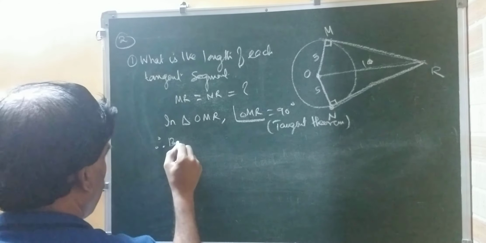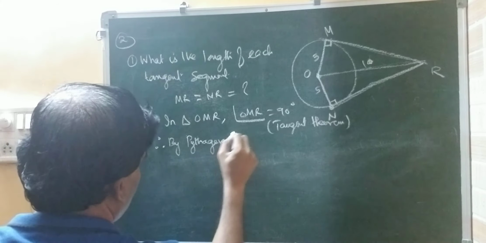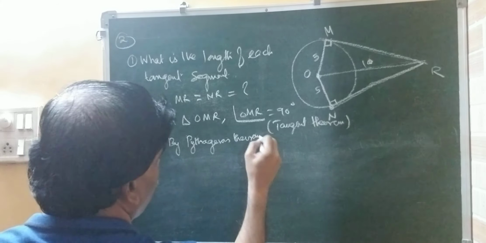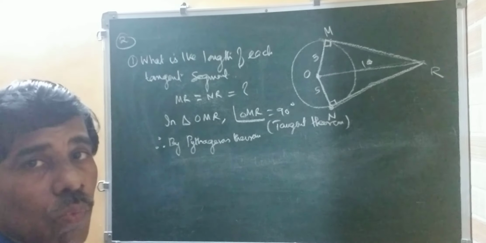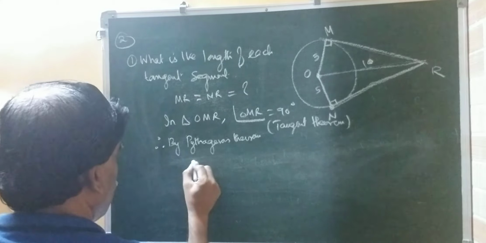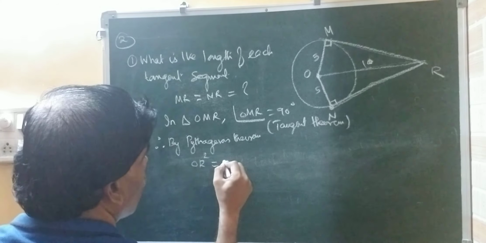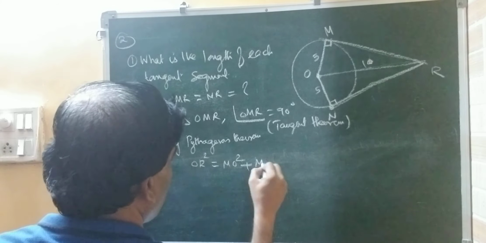Therefore, by Pythagoras theorem, this is 90 degree, this is the opposite side. That means OR is the hypotenuse. OR square equal to MO square plus MR square.